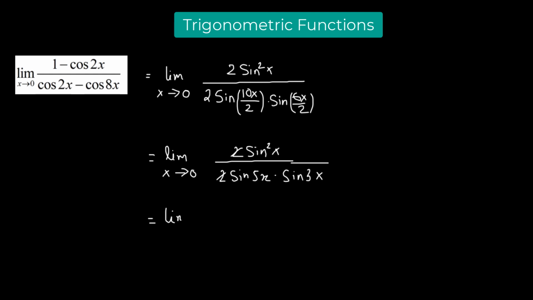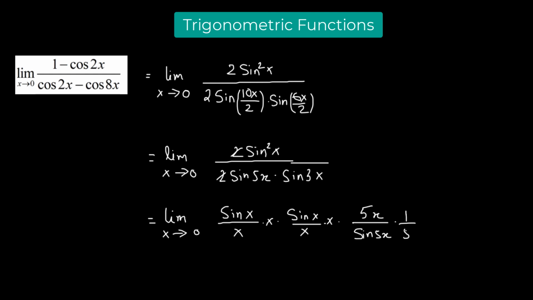Now we're going to arrange the remaining terms. So we have sine squared x that can be written as sine x times sine x. So we have sine x over x, we have to multiply by x, sine x over x, we have to multiply by x as well. So we have sine 5x, so that will be 5x in the numerator and divided by 5x times sine 3x.